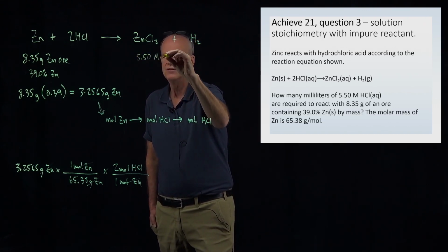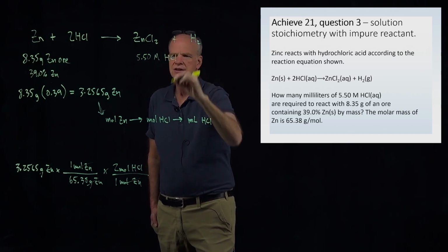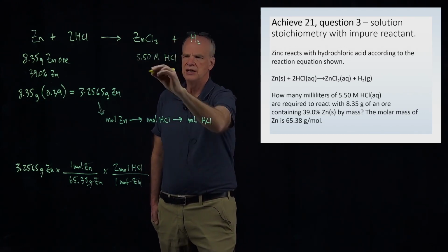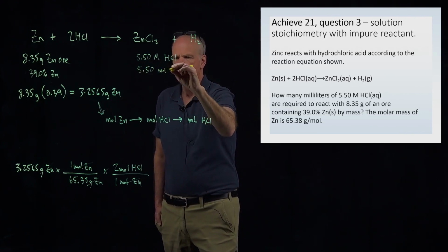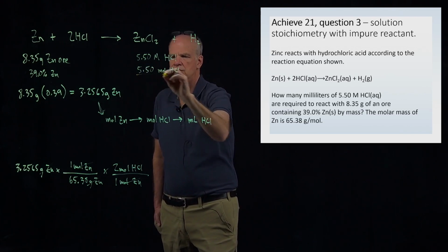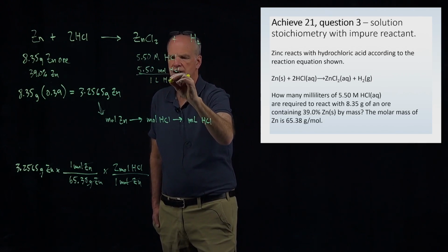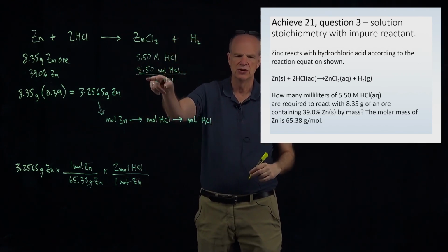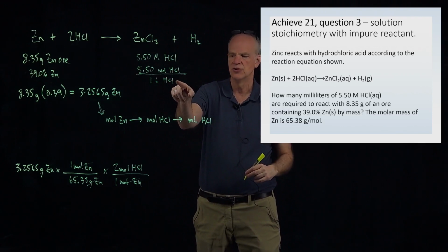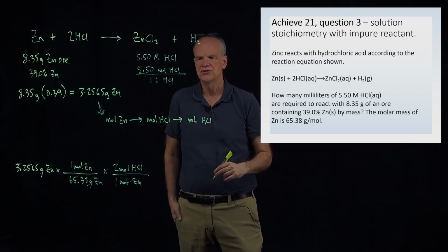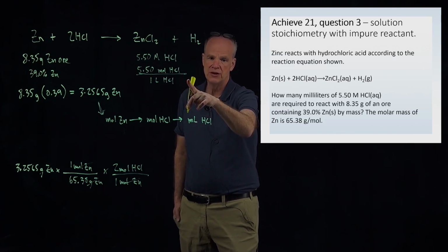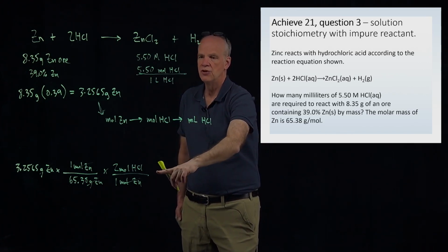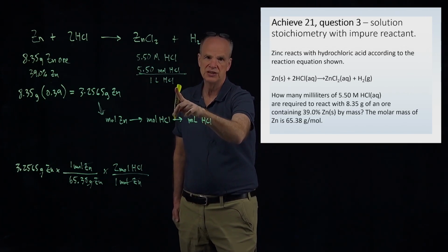It's 5.50 molar HCl. So let me write this in a different way. It could be 5.50 mole HCl over 1 liter HCl. So you can see you can take molarity and get that into a fraction of moles per liter. So here's the thing. You can maybe use this fraction, or maybe flip it over, to take moles of HCl and get this into liters HCl.